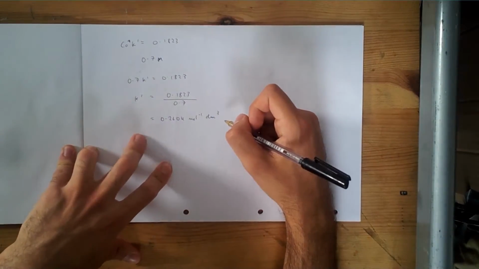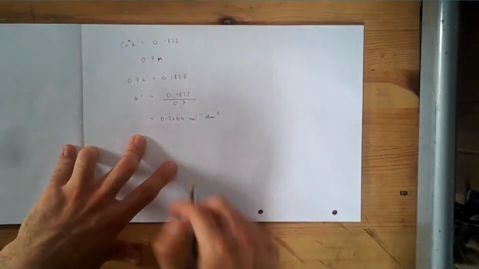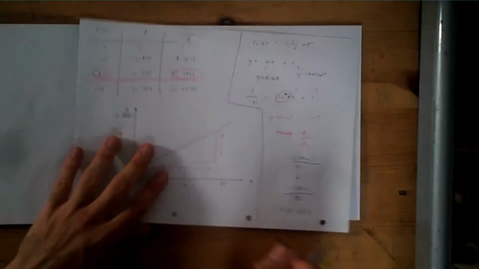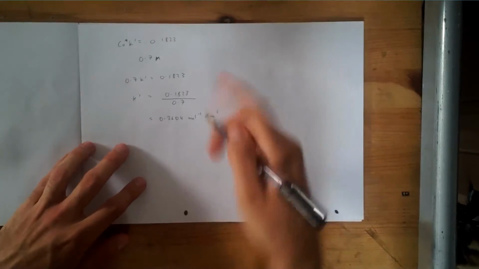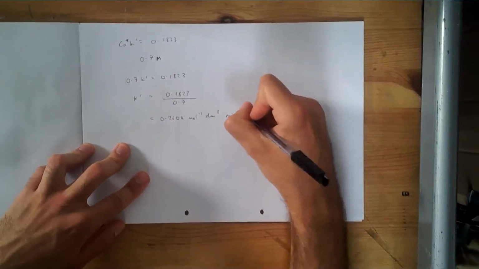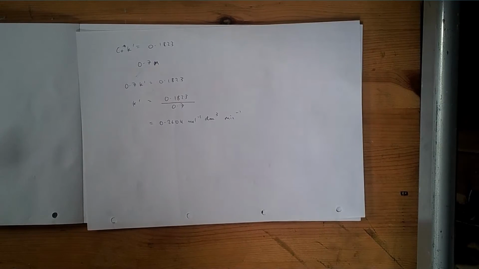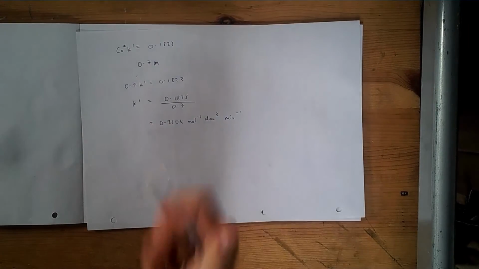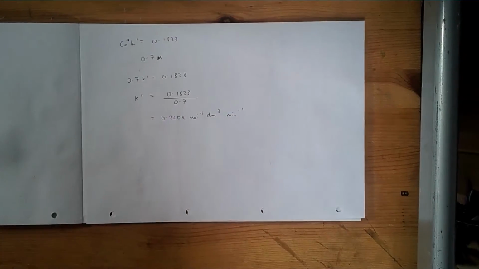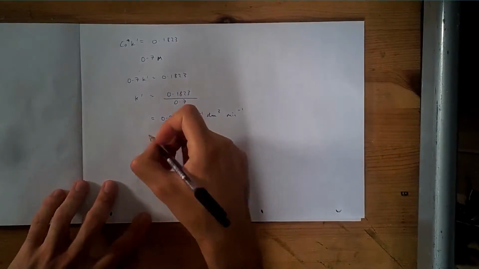And then take into account that this 80 we used here is minutes, so our unit is minutes to the minus 1, which is undesirable, we want it in seconds. So to go on from here, which is a necessary part, you have to just divide this value by 60, as everyone knows there are 60 seconds in a minute.